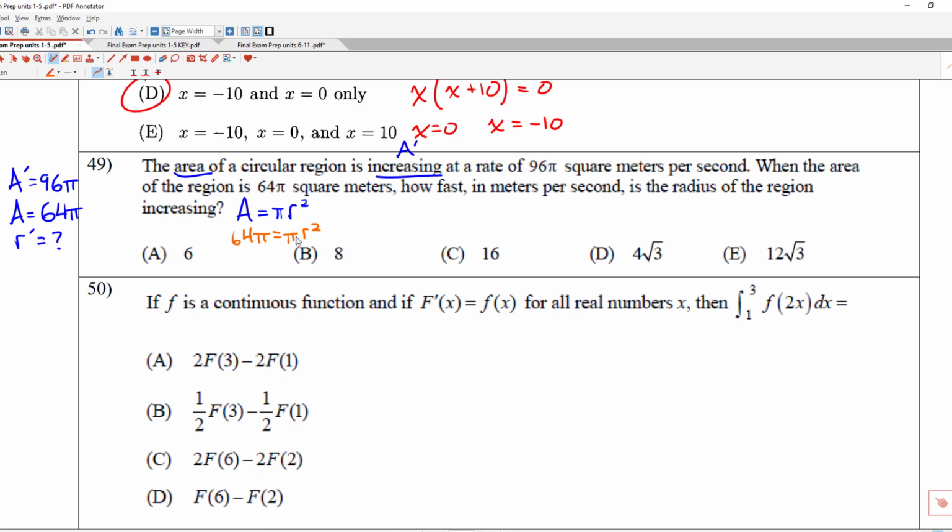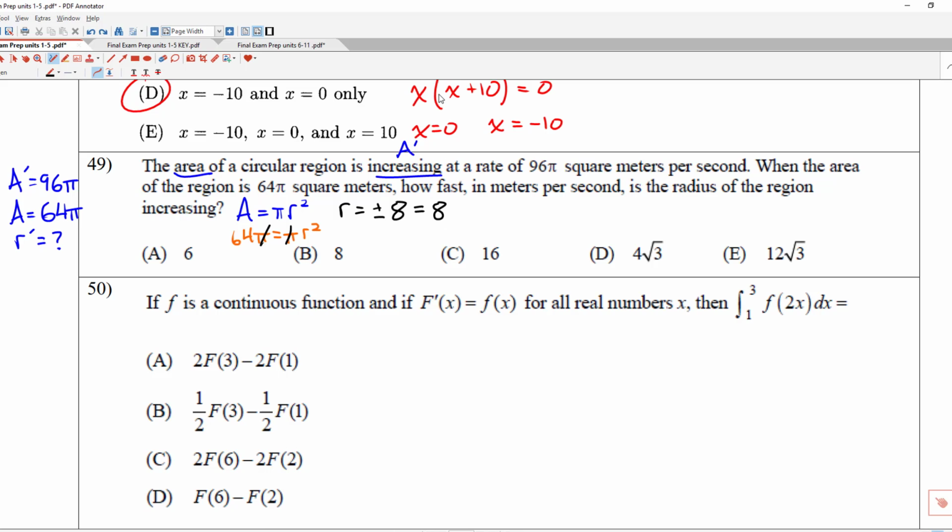Well, we can solve and get an r, right? Divide both sides by pi. That will cancel out the pi's. And r squared is now equal to 64. Let's take the square root, and r, therefore, is equal to plus or minus 8. It doesn't make sense to have a negative radius since we're in the physical world. So it's just 8. Okay, so we have r is equal to 8. I guess I shouldn't box that. It's not like a final answer or anything.